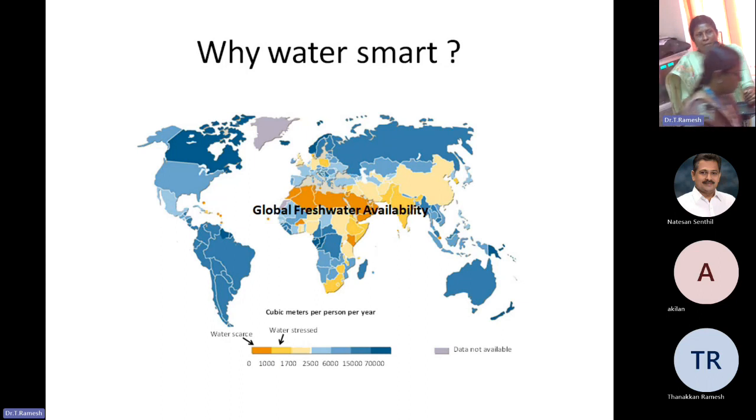Our condition category is 1000 to 1700 liters, and we have almost reached 1350 cubic liters. So we are heading towards the worst condition of water scarcity. Water is of prime importance in future.